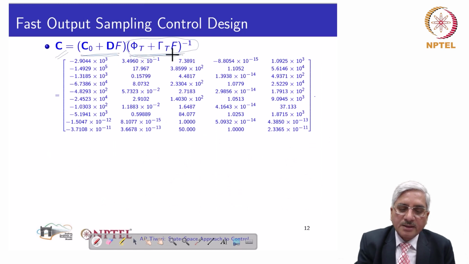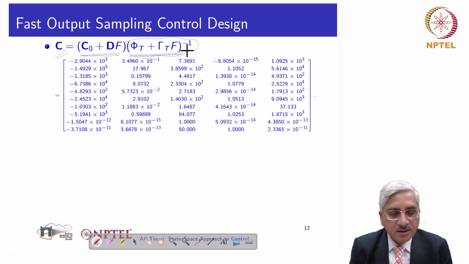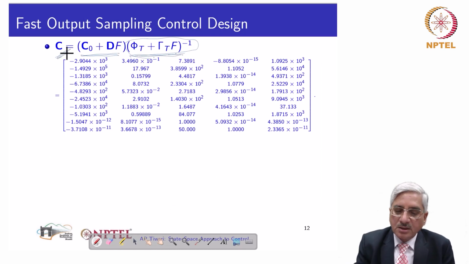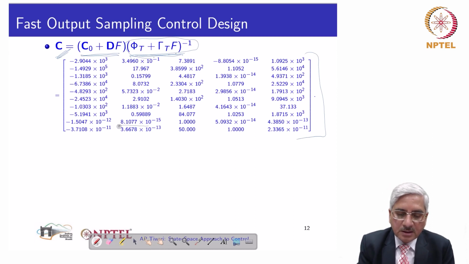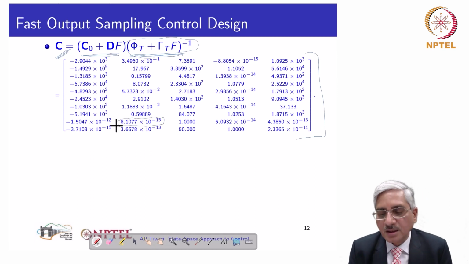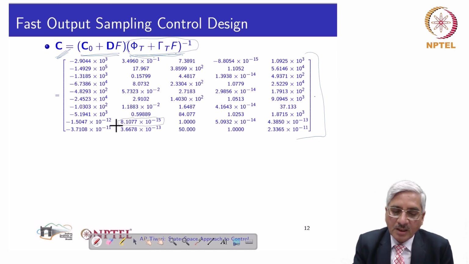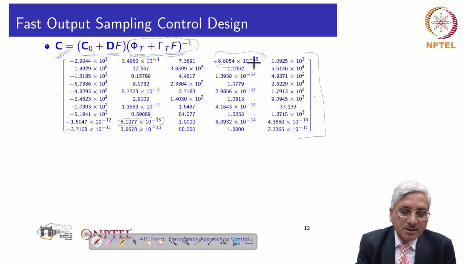So we have selected F such that this inverse will exist, and the C, if computed, comes like this. Now you can see that ill conditioning. Some elements, please see here, are of the order of 10 to the power minus 15, as good as 0, and some elements as high as 10 to the power 5.